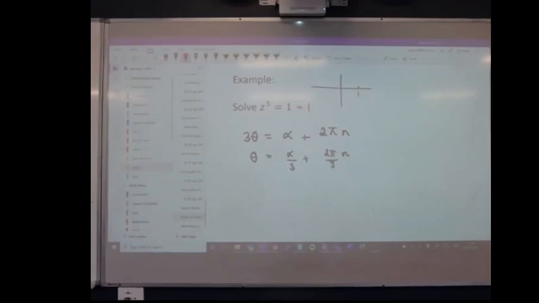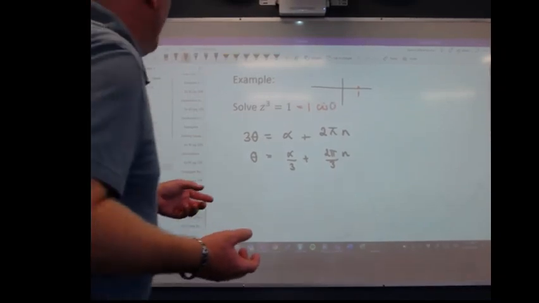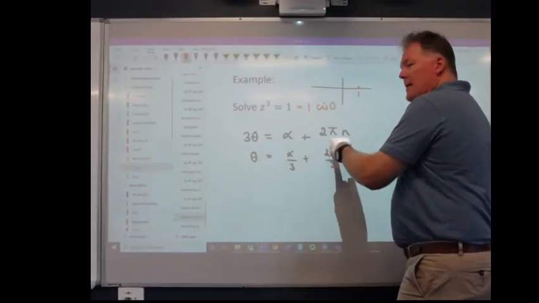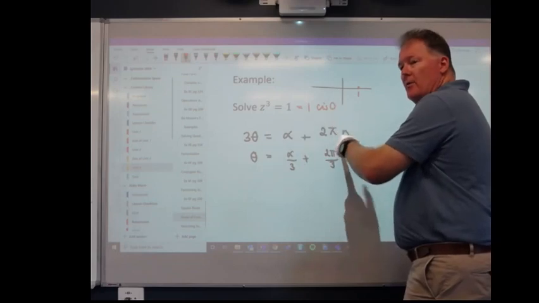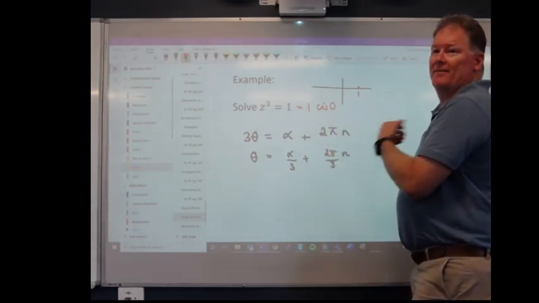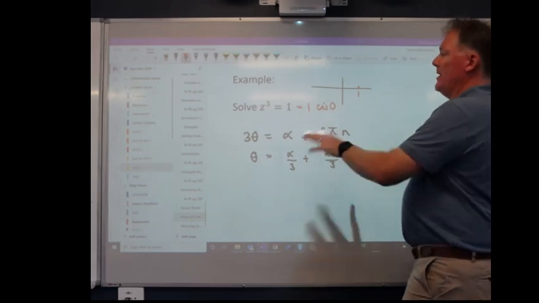And what's my angle? 0. So my angle is 0, and we need it there because this will be 0, that will be 0. So 0 plus 120, 0 plus 240. So it's not going to be that challenging. See if you can come up with your 3 roots.